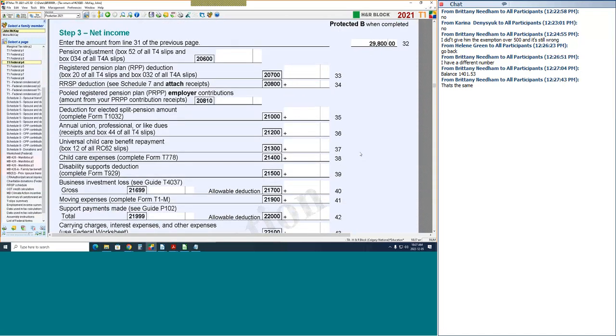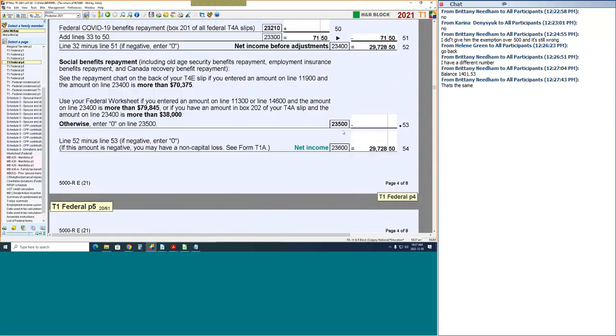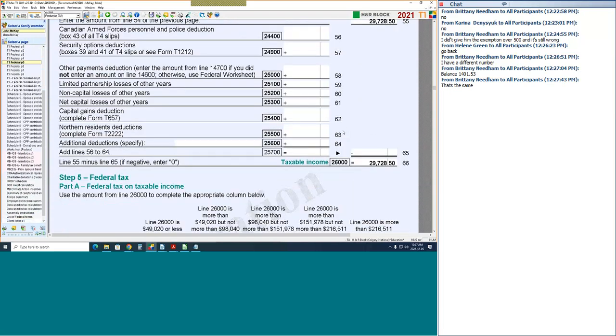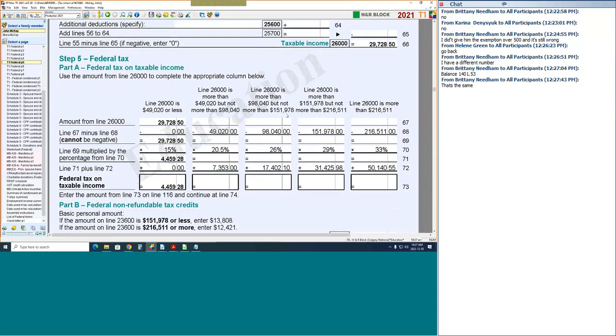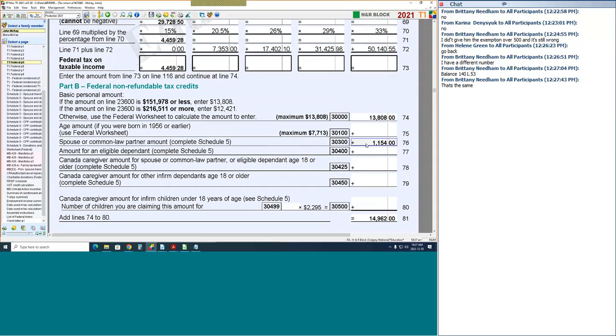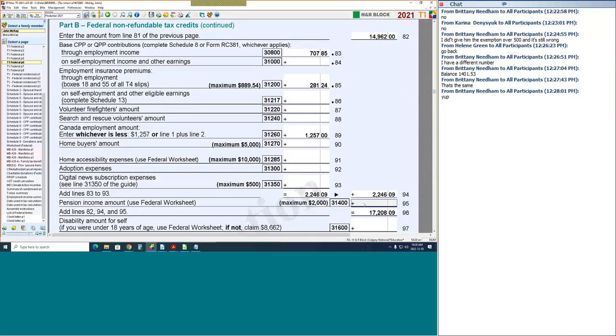Okay, going on to the next page, the only deduction he has is enhanced CPP. That one should be automatic if you've done your CPP entries correctly. So his taxable income is 29,728.50. He's going to get a spouse or common law partner amount. He's going to have CPP and EI and a Canada employment amount.